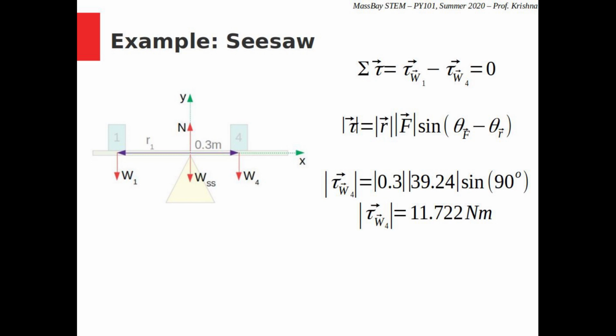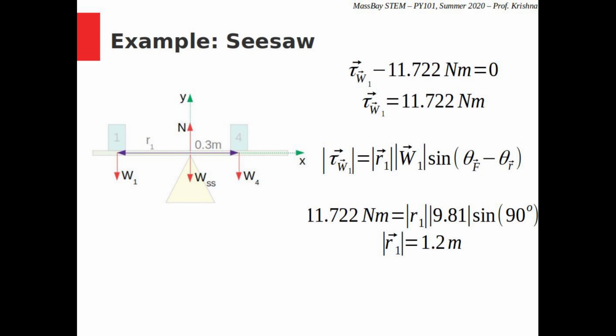This torque would tend to push the seesaw clockwise, so correctly we should say it's negative 11.772 Newton meters. But that's also why I wrote the torque balance with a negative sign. The total torque in a statics question is 0, so the torque of the 1-kilogram mass must balance out the torque of the 4-kilogram mass.